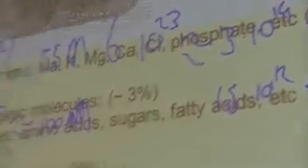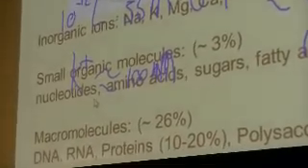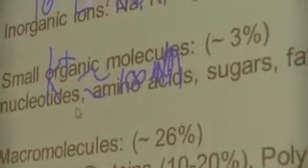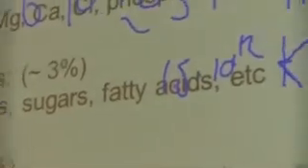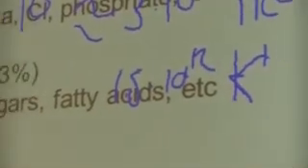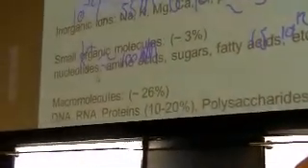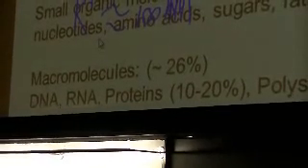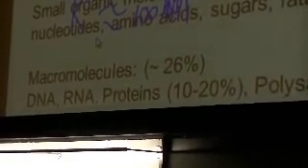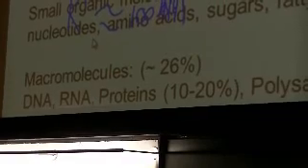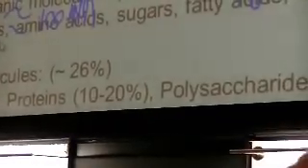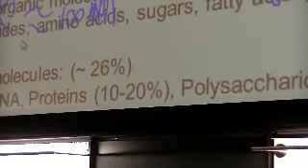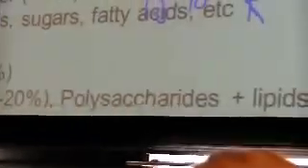Then we have other organic molecules like nucleotides, the subunits of DNA and RNA, amino acids, sugars, fatty acids. That's another couple of percent together. And then we have the macromolecules, together about a quarter of the weight of the cell: the DNA, the RNA, the proteins. Proteins are the largest fraction of the mass, especially of the interior of the cell, and then polysaccharides.